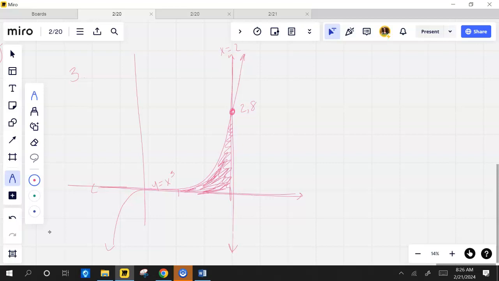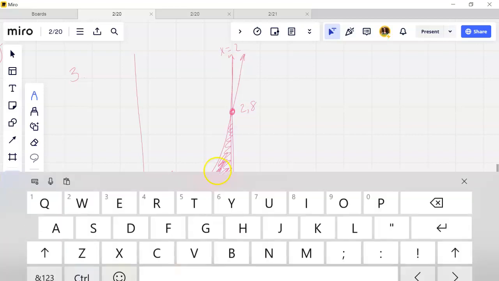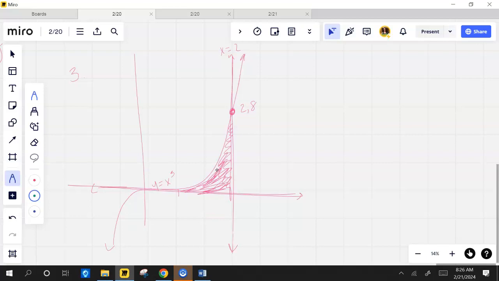Find the volume if the cross-section is taken perpendicular to the x-axis, so with respect to x. So I already know my cross-section is going from here to here. Form a rectangle whose height is 2 times its width. Let's draw a picture.